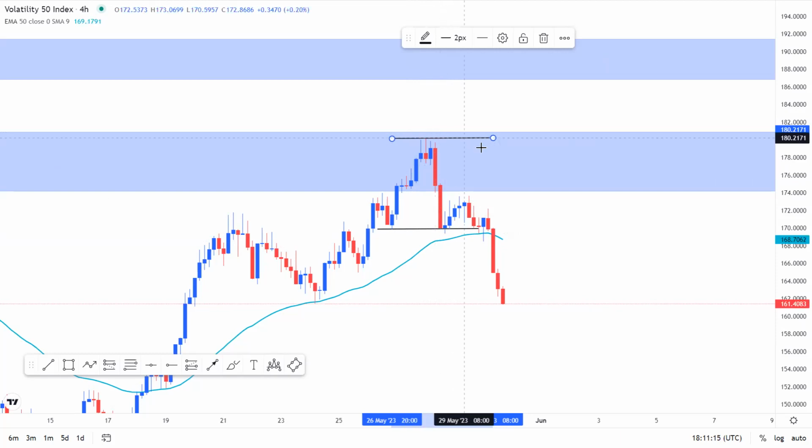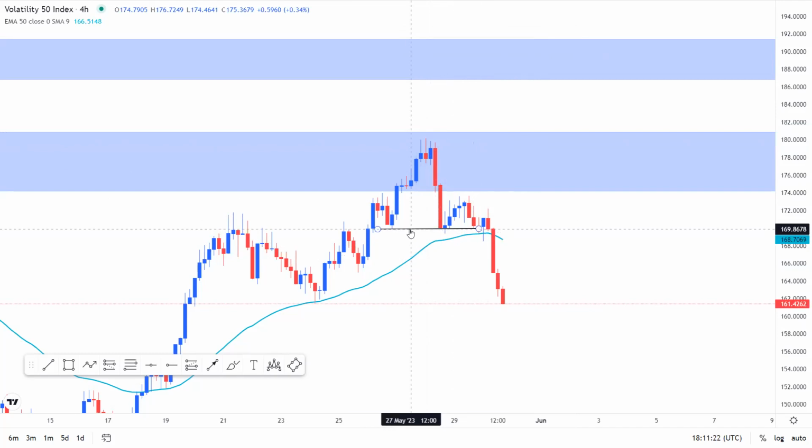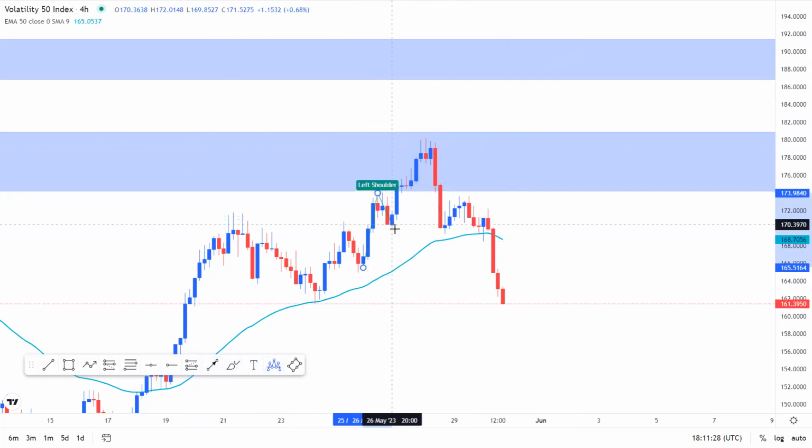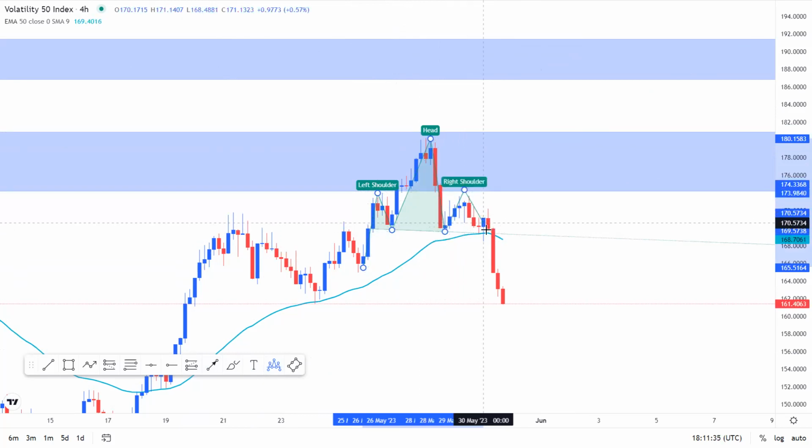Now that is that. And then clearly, we had price print us a chart pattern, a reversal chart pattern. We have the left shoulder, the head, and then the right shoulder.